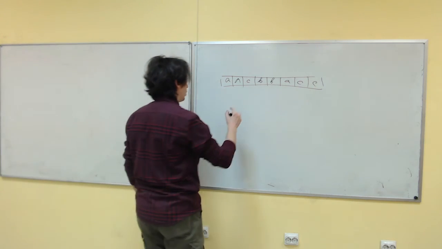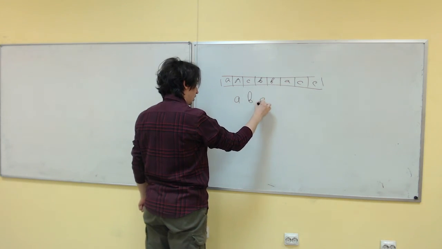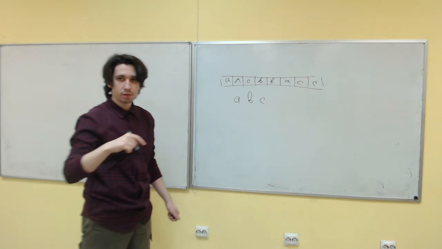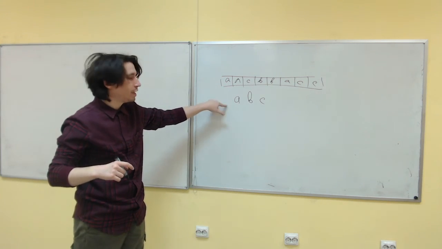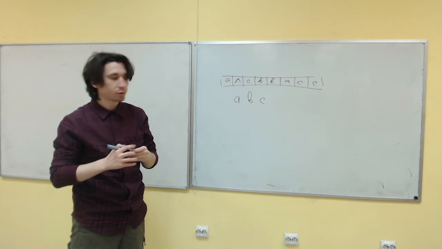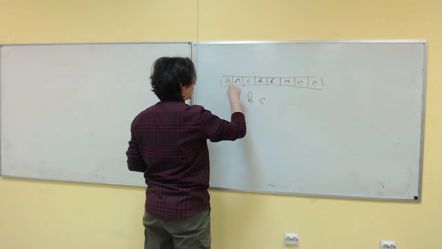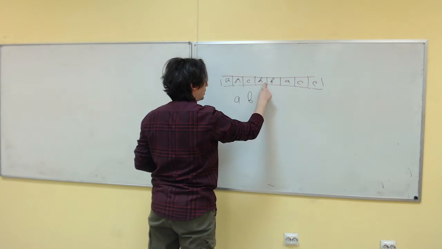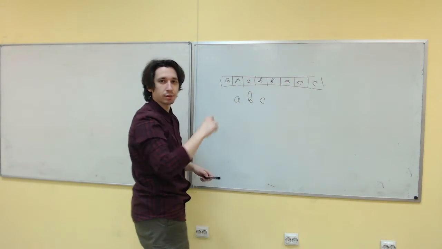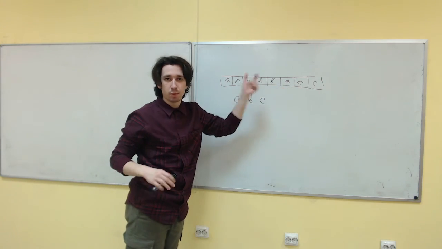And you want to calculate the total number of times you can choose 3 indices in increasing order such that they have A, B, C there. So for example, in this case, there is A, B, C here, here, here, here. Here is A, here is B, here is C, and we want to calculate the total number of ways for 3 characters to be A, B, C.